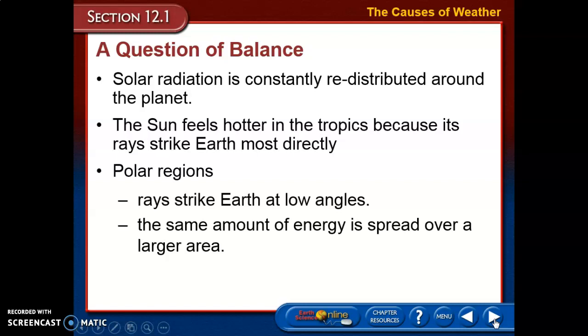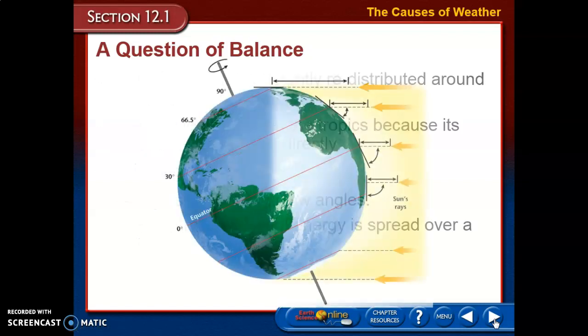If you're at the polar regions, the rays strike the earth at very low angles, and that energy is spread over a much larger area, versus around the belt of the earth, the equator, where it's a direct hit and it's not spread over a very large area. So that's a good portion of why things are like they are.